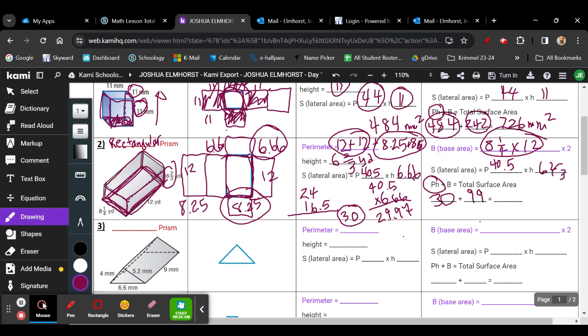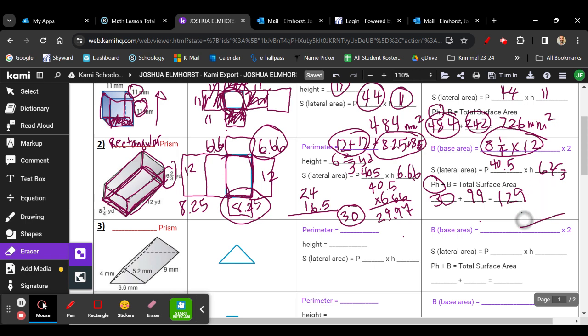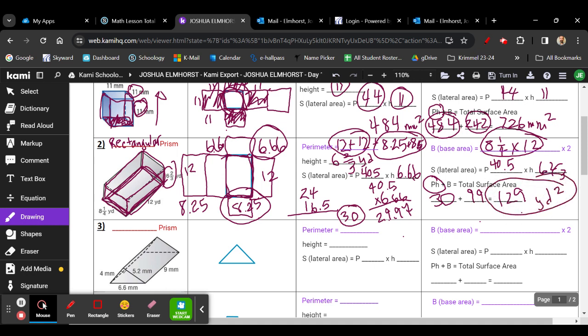And that is going to give us 99. Now you find the total surface area by adding 99 plus 30. That should be 129. And that was yards, and area is going to be yards squared.